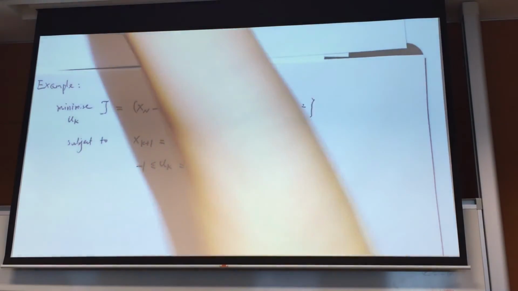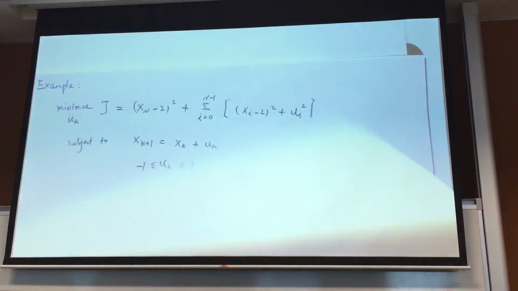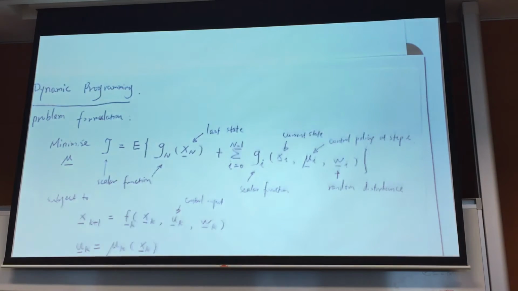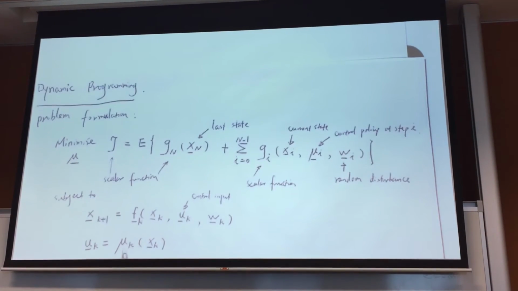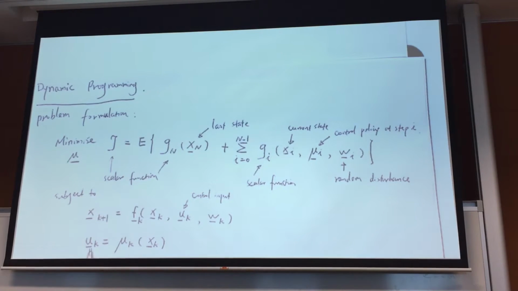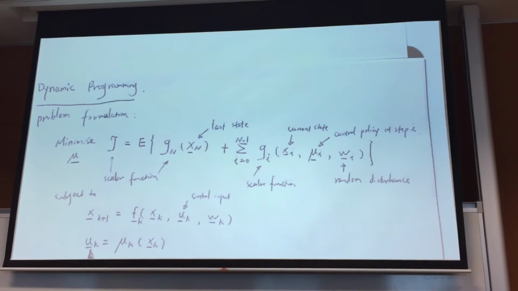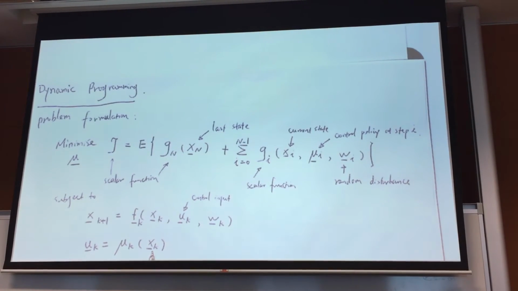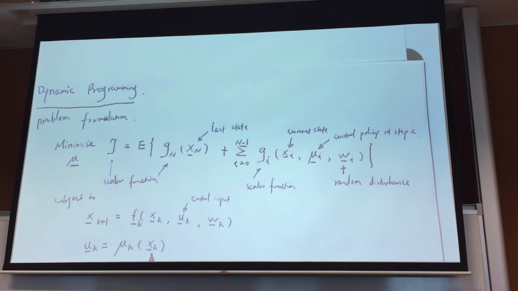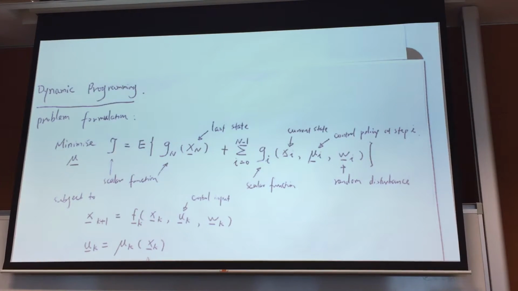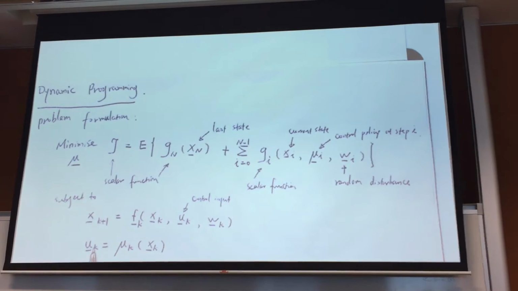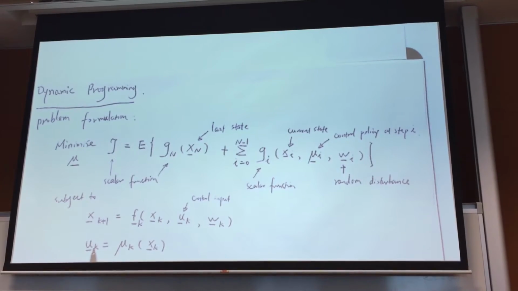Remember that in the problem formulation, you are going to develop an optimal control policy. This optimal control policy can determine your optimal control input depending on your initial condition. That means this optimal control policy can take the initial condition as an argument to determine the optimal control input.